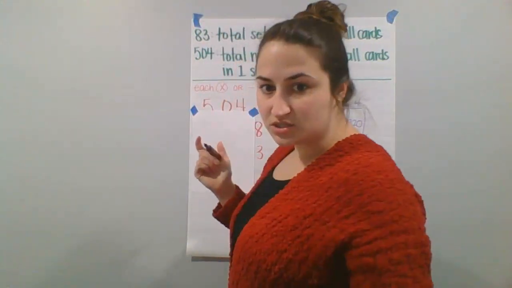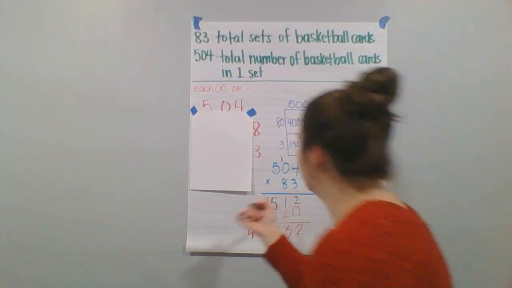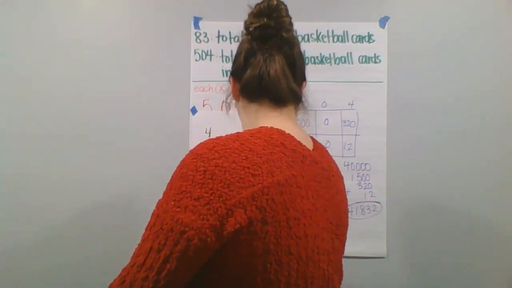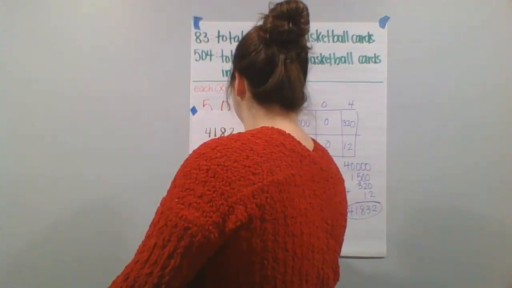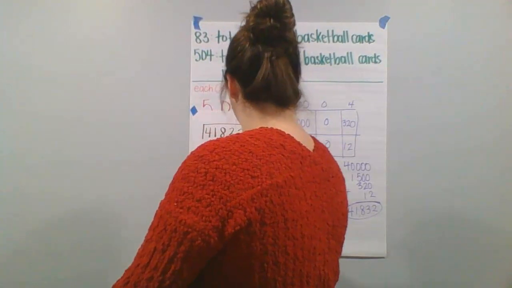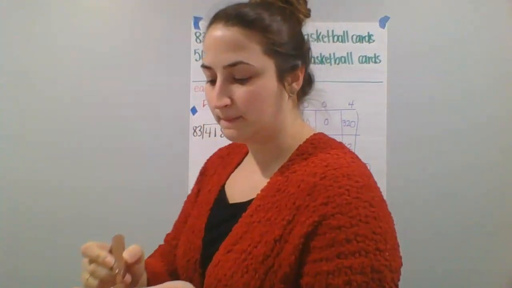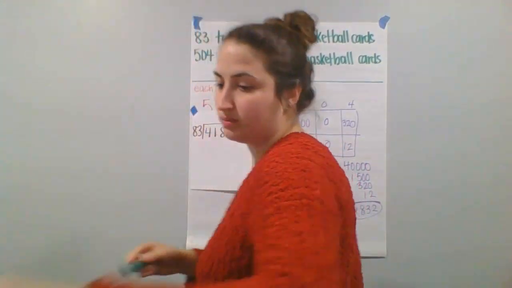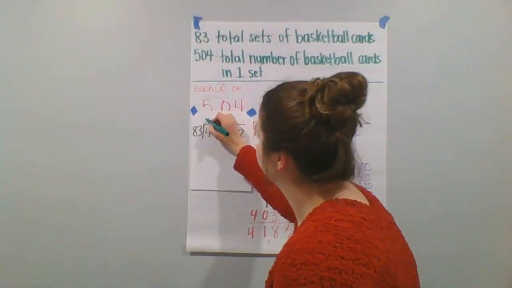All right, so I'm going to start with my answer, my product, on the inside. So we have 41,832, and we're dividing that by 83. We know that 83 can't go into 4.